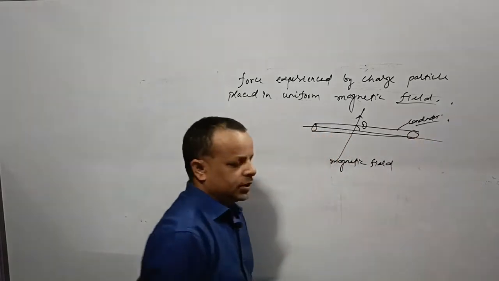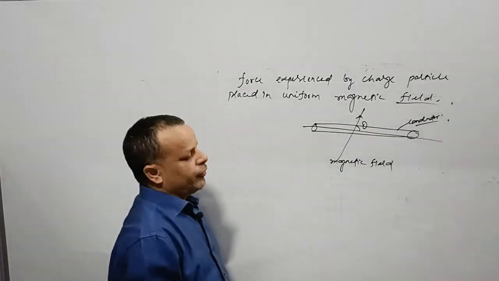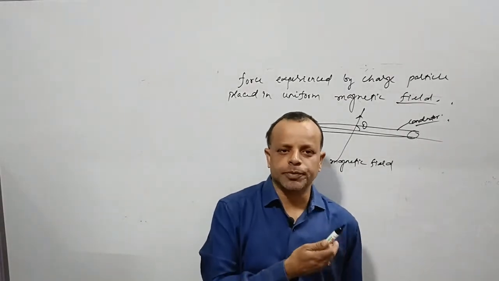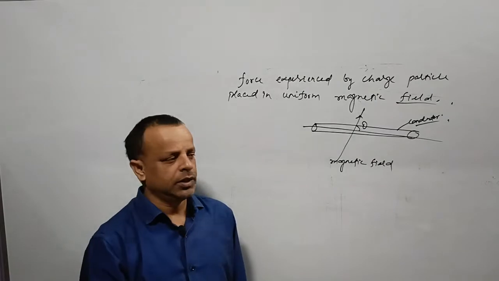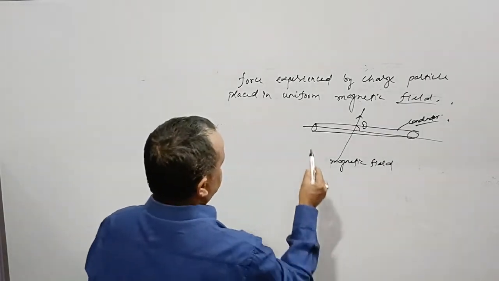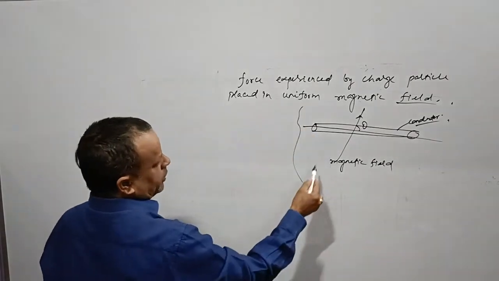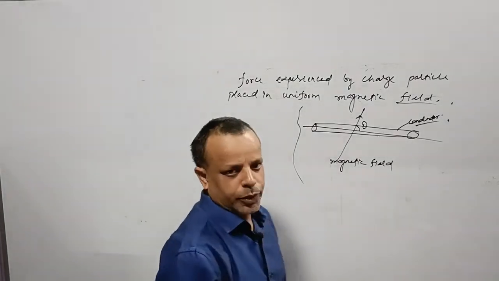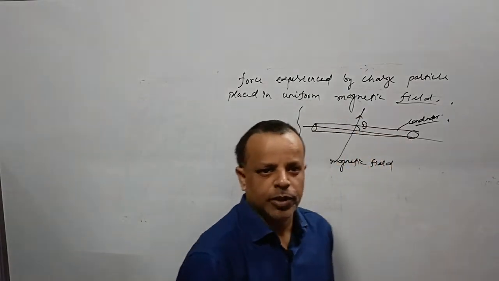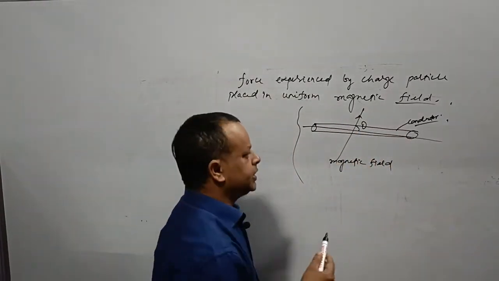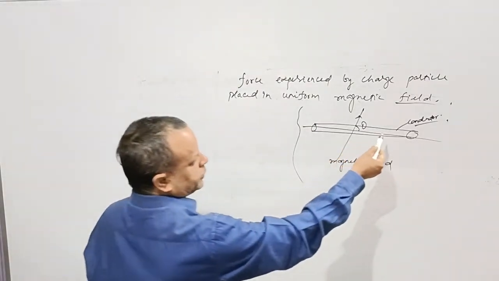We have to find the force experienced by this conductor when it is placed in a uniform magnetic field. A conductor is basically constituted of a large number of charged particles, which will experience force.